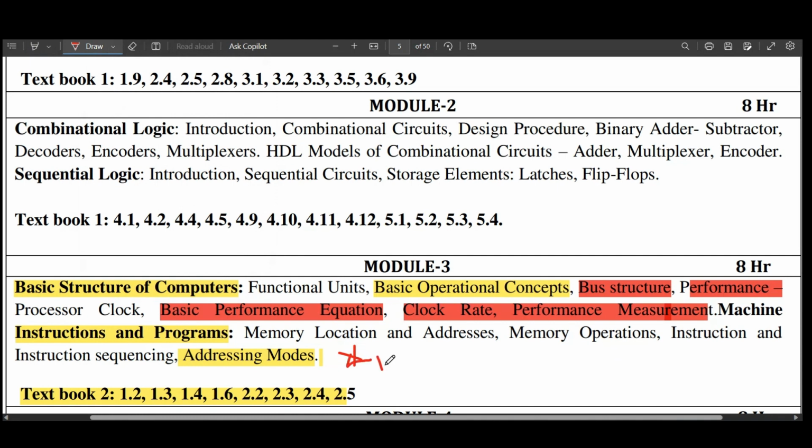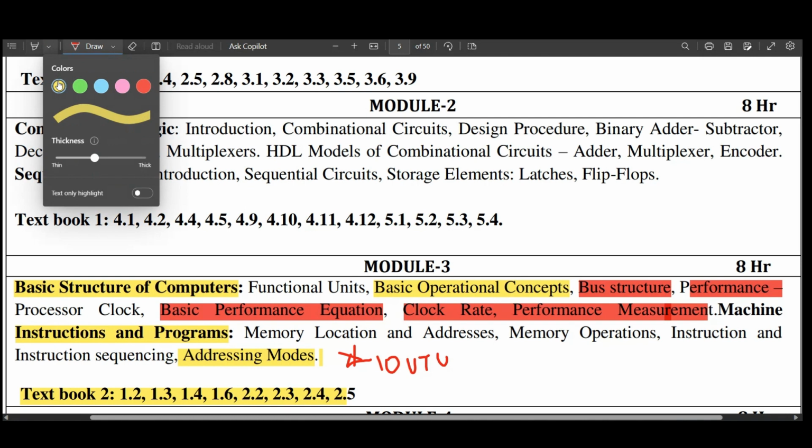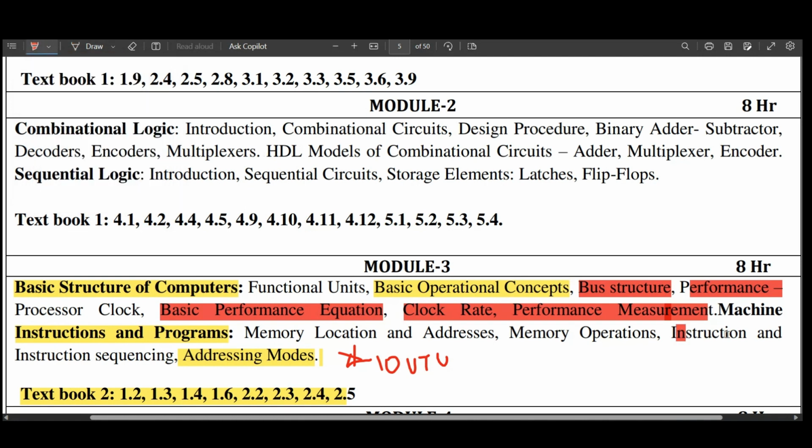It is a compulsory question, I can guarantee you. The next important questions that VTU can ask are instructions and instruction sequencing, but the most important is addressing mode, which is 10 marks compulsory in VTU.